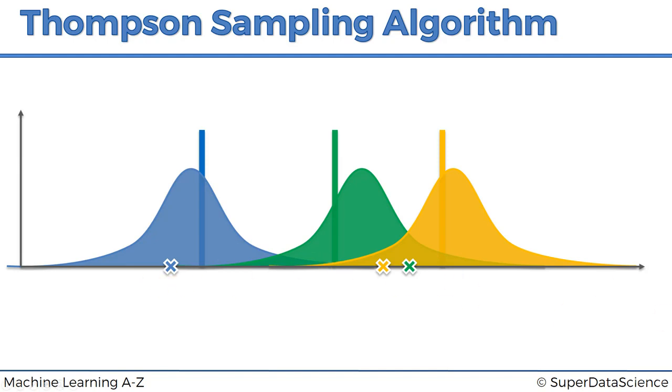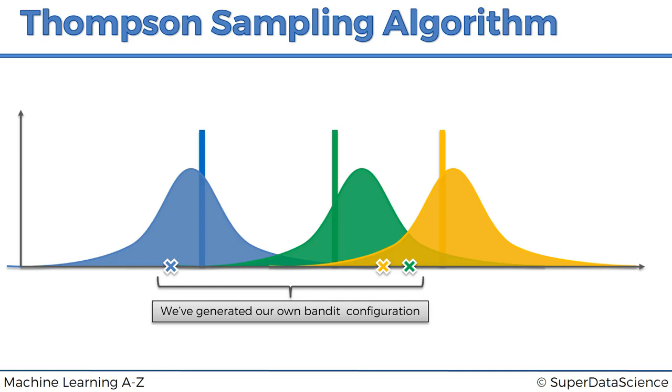Now it's picked these values, and guess what that means? By doing that, we have generated our own bandit configuration.